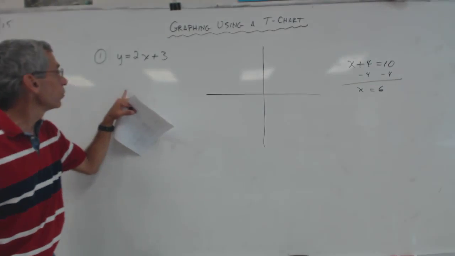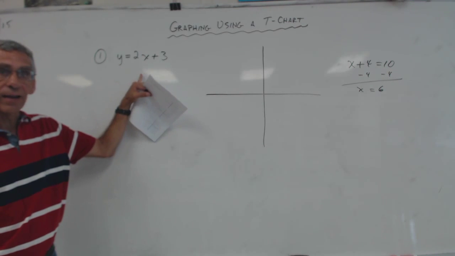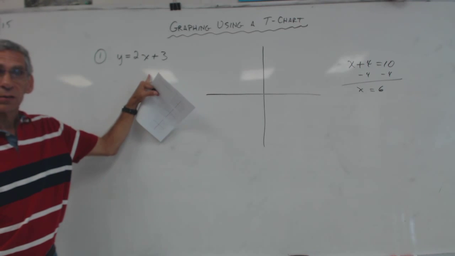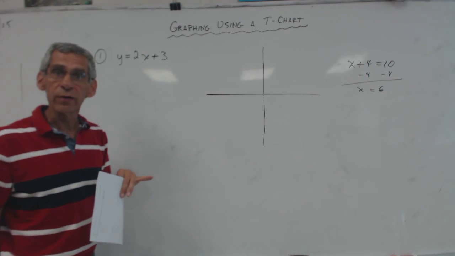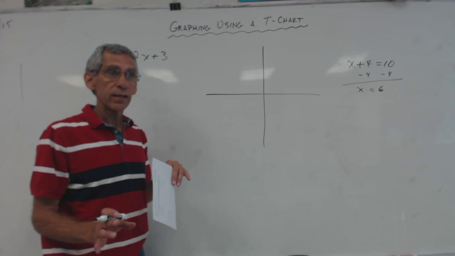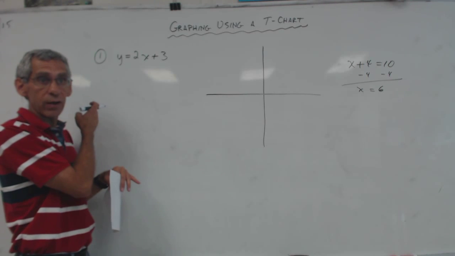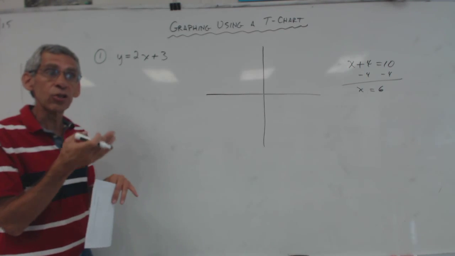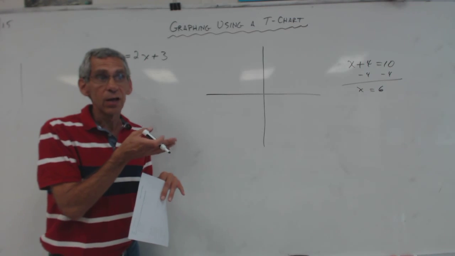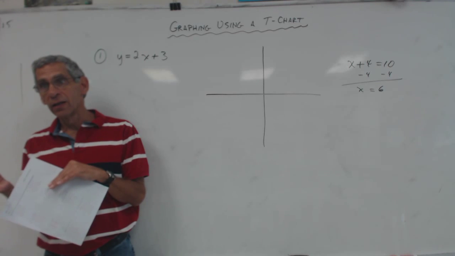As soon as I move to two variables, I've got a y and an x, but I only have one equation. There's actually no one right answer. If I knew what x was, I could figure out what y was. But since I don't, I have to figure out all the possibilities of x and then all the possibilities of y.